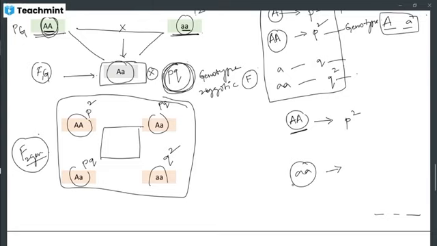What happens with the genotype frequency of your heterozygous in the F2 generation? 2PQ.